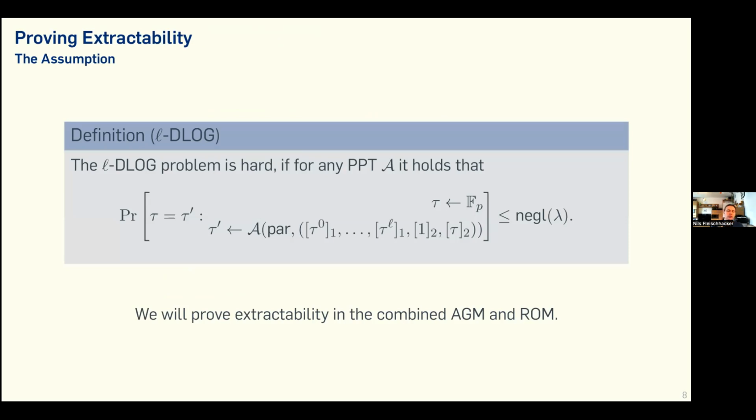The algebraic group model is probably also well known, but is a bit different in the sense that it's basically an assumption on the adversary. We assume that our adversary is algebraic, which means that whenever the adversary outputs any group element, it needs to explain how this group element was derived algebraically, meaning using only group operations.